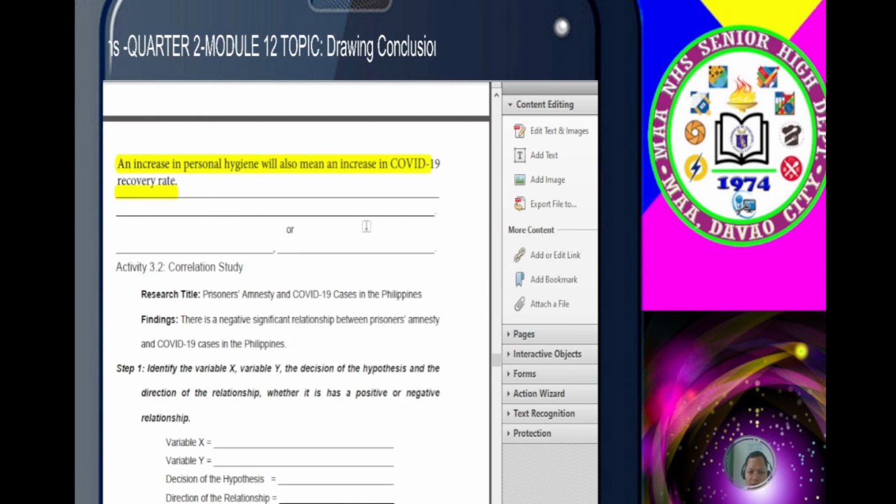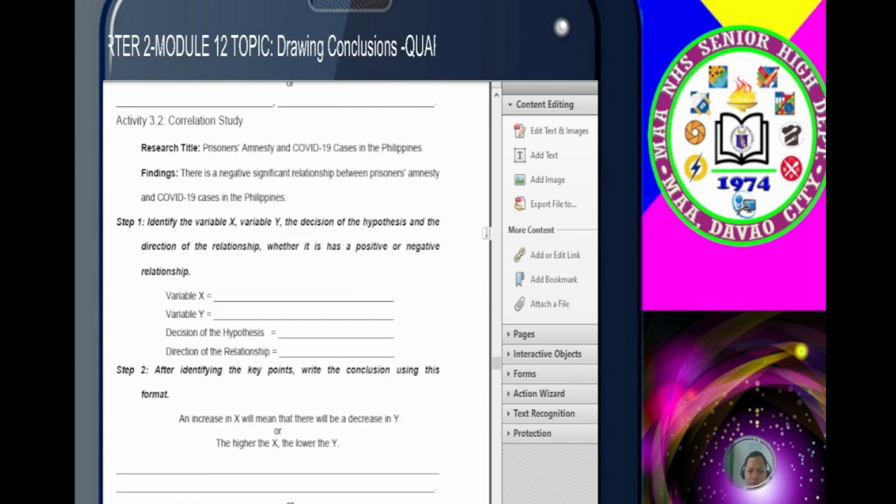Okay, let's have another, for correlational study again. Our title is the prisoners amnesty and COVID-19 cases in the Philippines. The findings: there's a significant relationship between prisoners amnesty and COVID-19 cases in the Philippines. So let's identify our variables here.